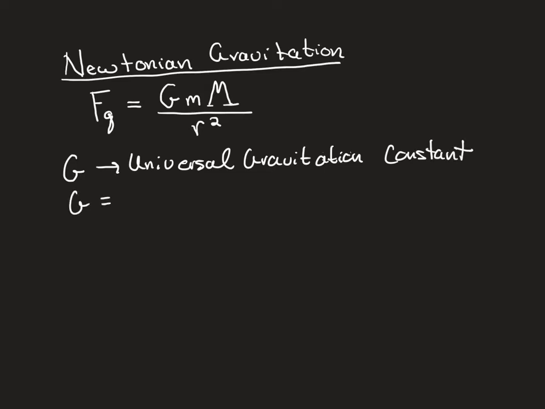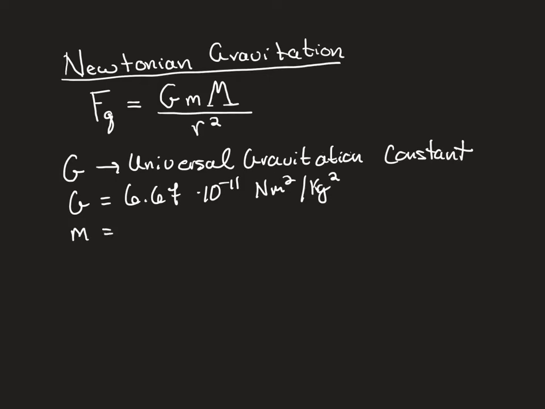So G is going to be equal to 6.67 times 10 to the minus 11 Newton meter squared per kilogram squared. And notice the word universal. G is always the exact same value, and big G is not the same as little g.